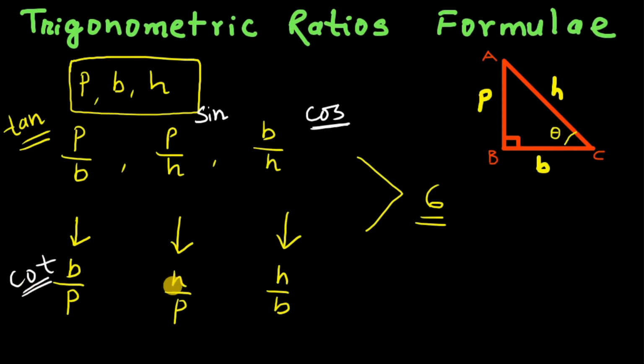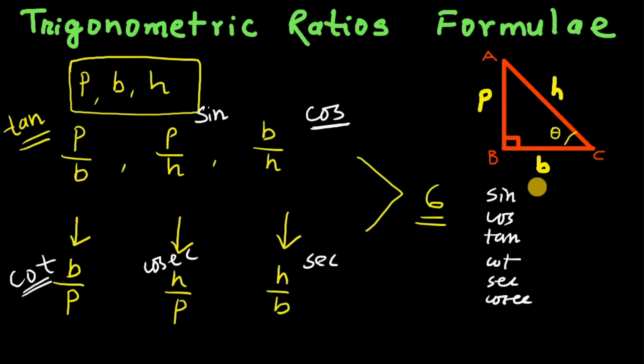H by P is the reciprocal of sine, so it is cosecant, in short form cosec, and the reciprocal of cos is secant, in short form sec. So sine, cos, tan, cot, sec, cosec. There are altogether 6 trigonometric ratios.